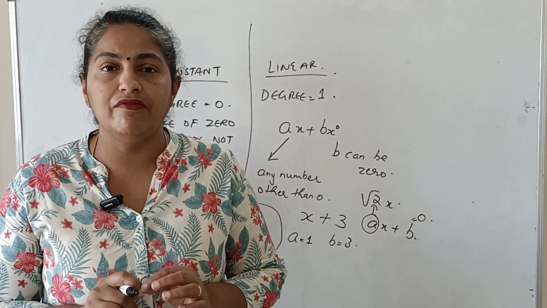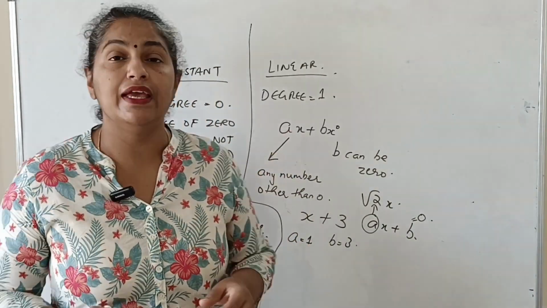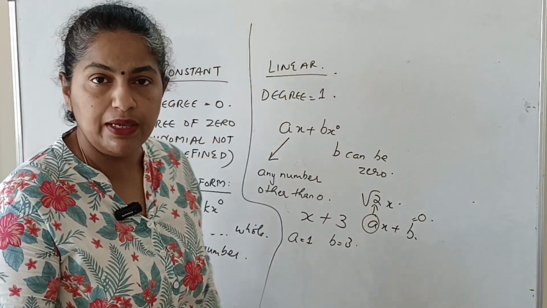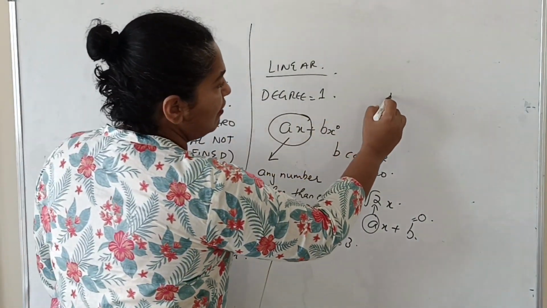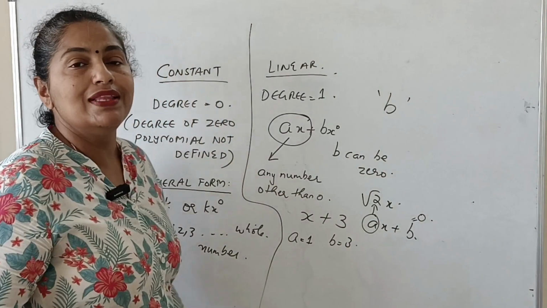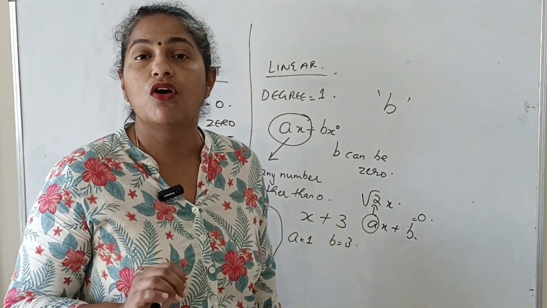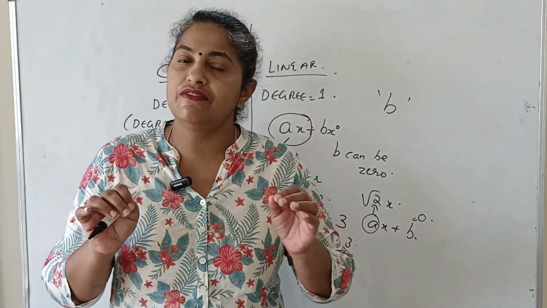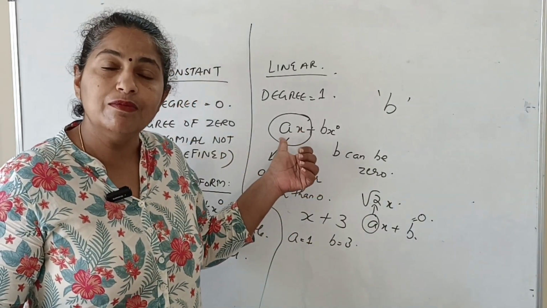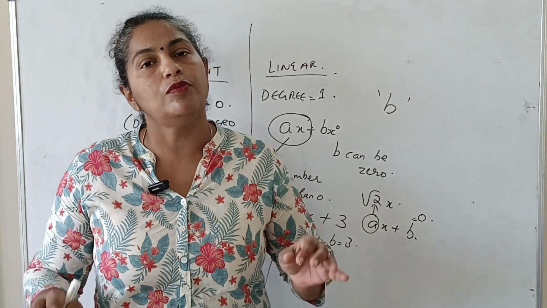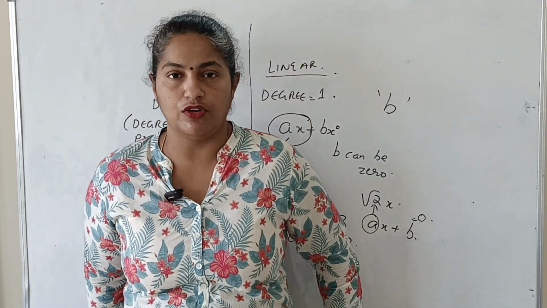Now what will happen when the value of a becomes 0? When the value of a becomes 0, this entire term will disappear and we have only b over there. Now the linear polynomial has become a constant polynomial. So it is mandatory that the term containing x has to be there for the polynomial to be a linear polynomial.